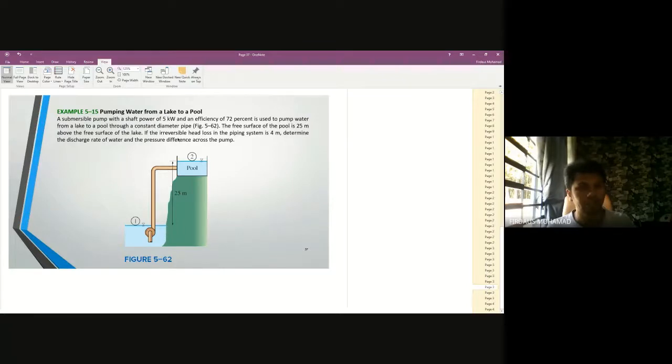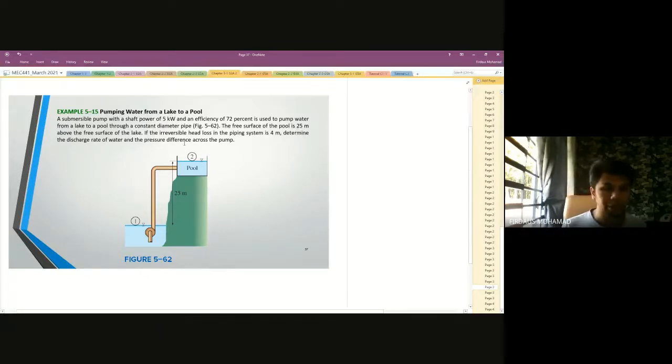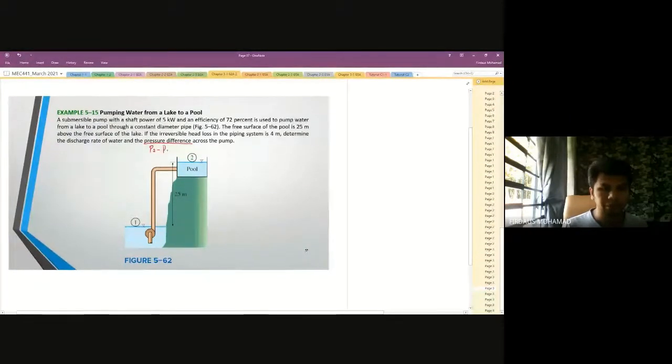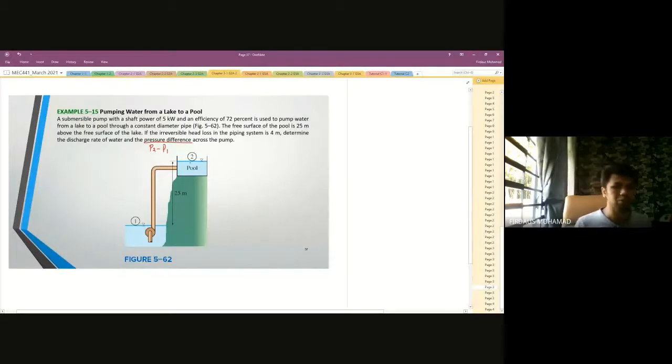If the irreversible head loss in the piping system is 4 meter, determine the discharge rate of water and the pressure difference across the pump. Maknanya pressure difference ni apa? P2 tolak P1 ataupun P1 tolak P2, sebab P1 lagi tinggi daripada P2. Okay, so cuba you come up with the assumption and then try to come up with the solution.